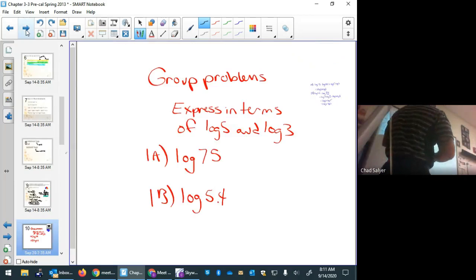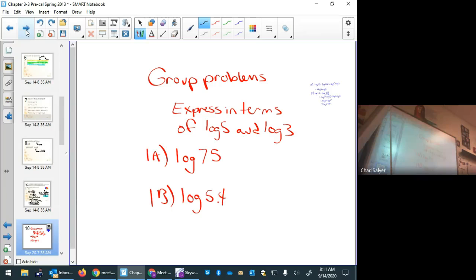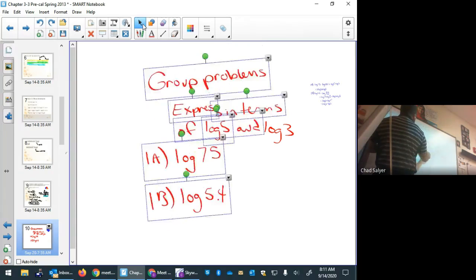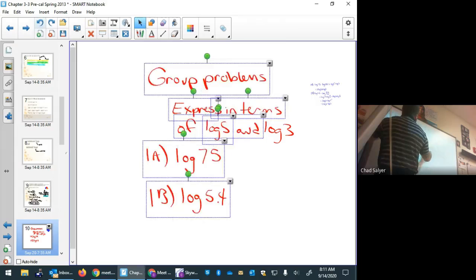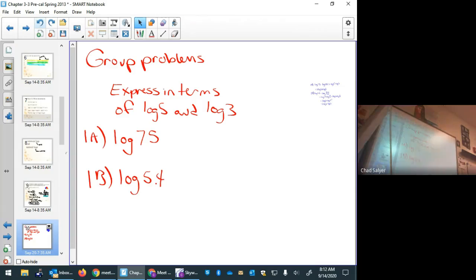Okay, so log 75. Actually, you don't have to look on anything. I've got them already. So I used log 2 and 3. You're going to use log 5 and 3. Rewrite the log of 75 and then the log of 5.4. And let me give you a hint on 5.4.